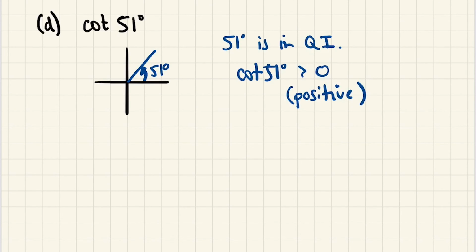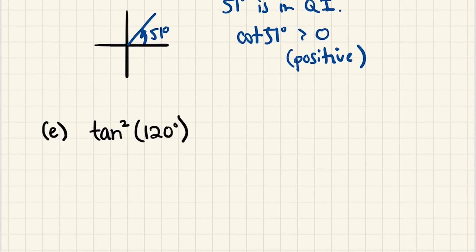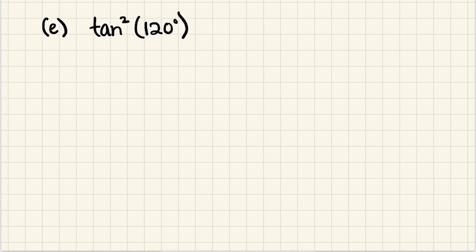All right, let's do one more. Tangent squared of 120 degrees. So remember, what does it mean to have this little 2 here? It means we're actually squaring the tangent of 120 degrees.